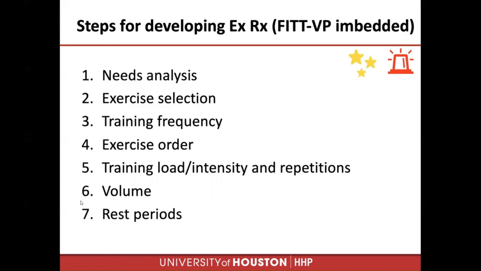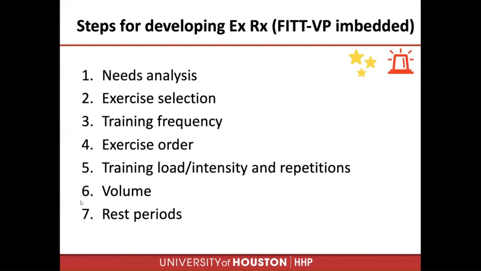So when we have our steps for developing a resistance exercise training program, our FITT-VP is going to be embedded within that. And there are 7 steps. They don't necessarily all have to be in order. They do work together, so you're going to have to think about them together once you have the person's goals. So there's the needs analysis. That one should be first, because we need to know what we're designing the program for.